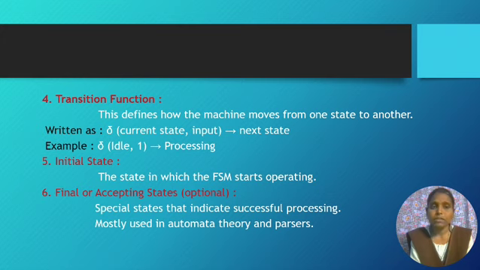The state in which the FSM starts operating. Number six, an optional key component of finite state machine, the final or accepting state. Special states that indicate successful processing. Mostly it is used in automata theory and processors.